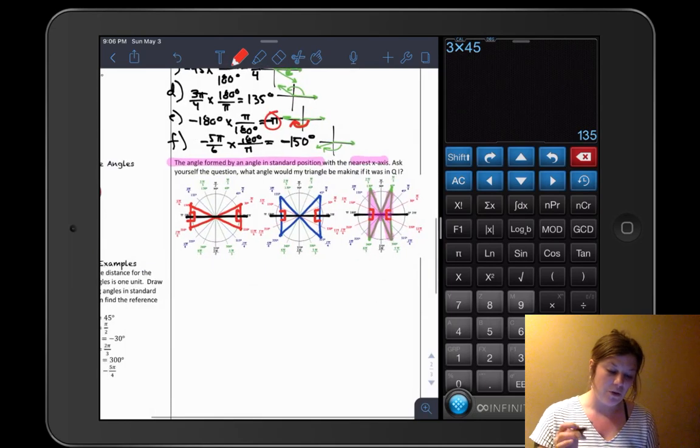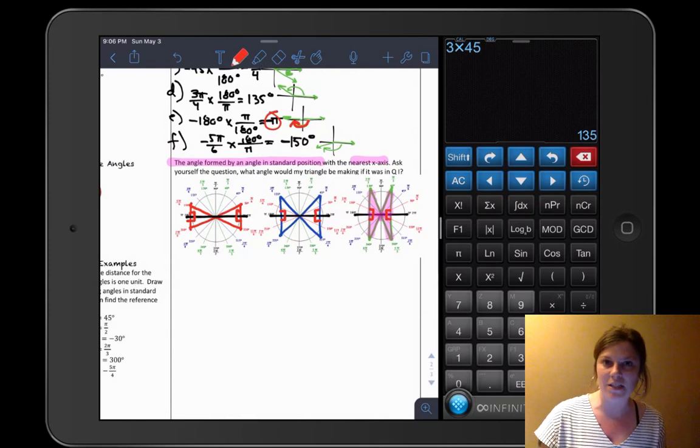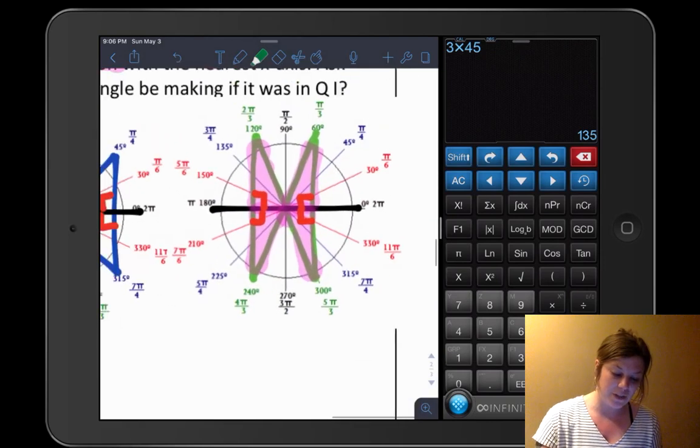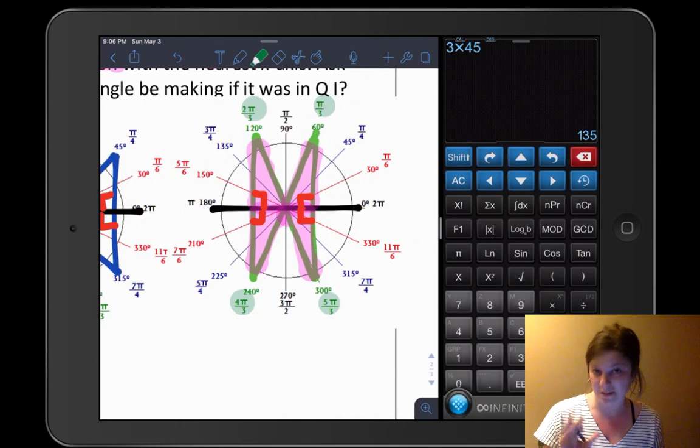Okay, so why do we care? Well, there are a lot of patterns going on here, and again, we'll talk more about this next week when we start to memorize the unit circle. But I want you to notice something really interesting: all of these have a denominator of 3 for that reference angle.